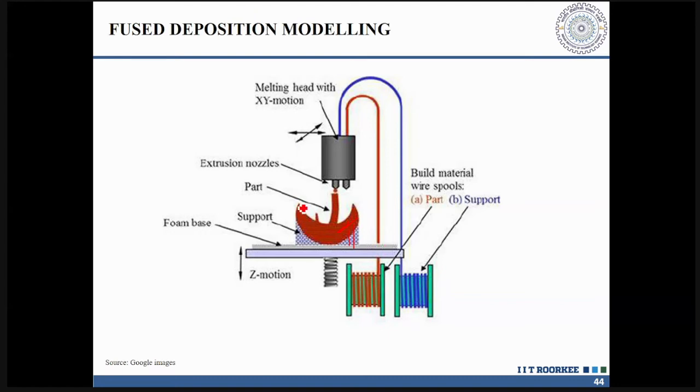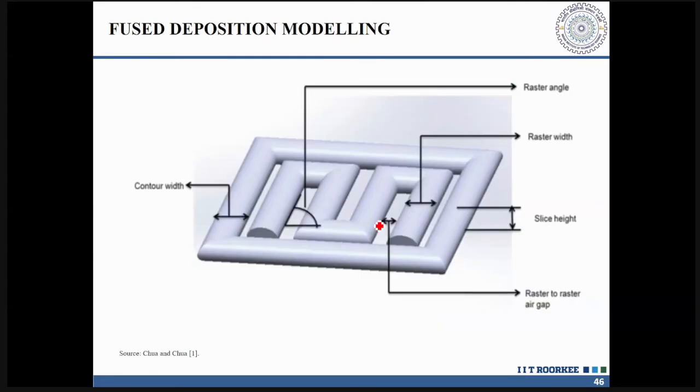The material is extruded out and deposited onto the platform. The platform moves in the negative Z axis, the second layer is stacked, the third layer is stacked, and your object is ready. First you define the bound, and within that bound, you start doing the infilling.